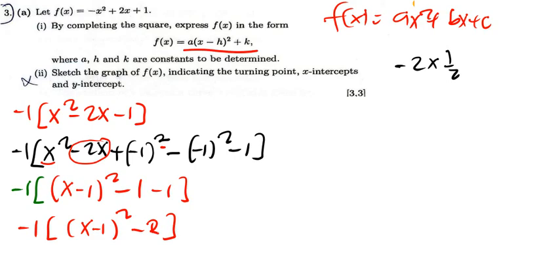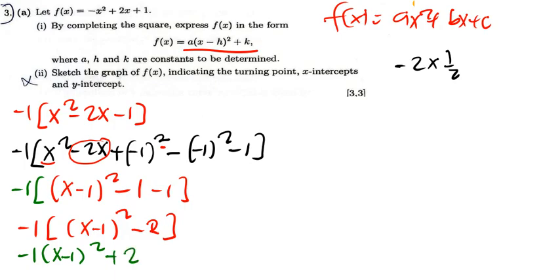When you reach this point, we want to make this in a form we have been guided to already. So the next step is I need to open the big bracket. I'll multiply negative 1 with everything. So I have negative 1, then x minus 1 squared, then negative 1 times negative 2 is positive 2.